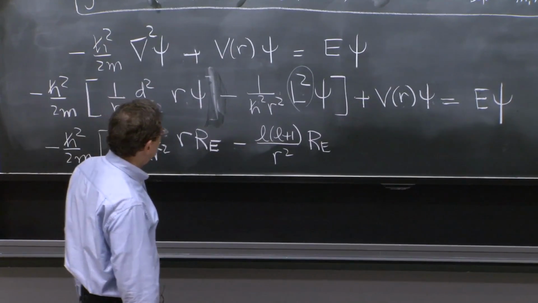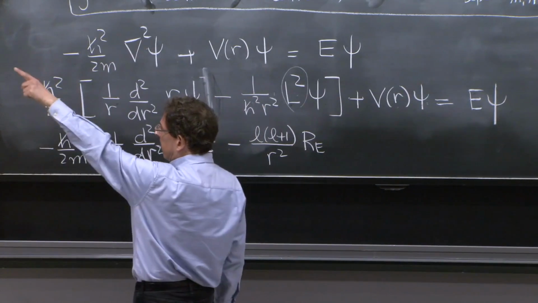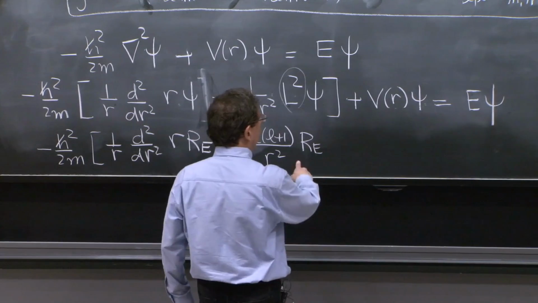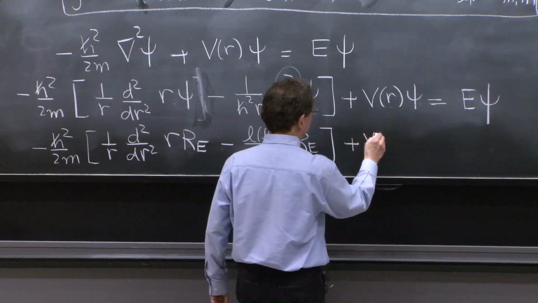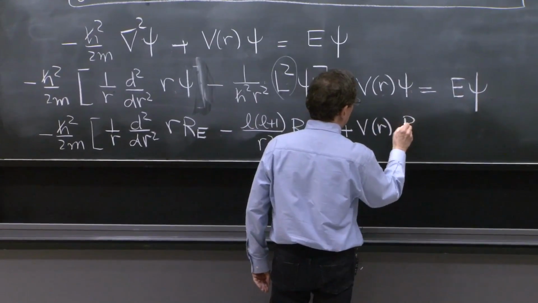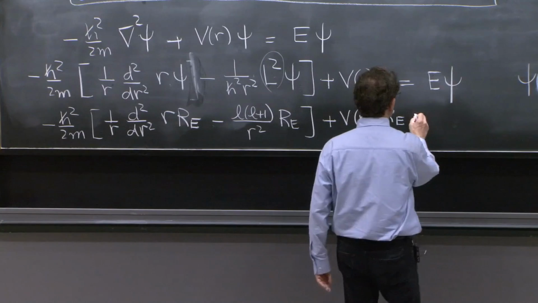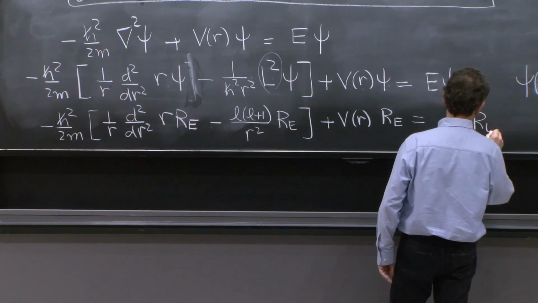I used here that L squared has that eigenvalue. Then I have V of r R_E equals E times R_E of r.